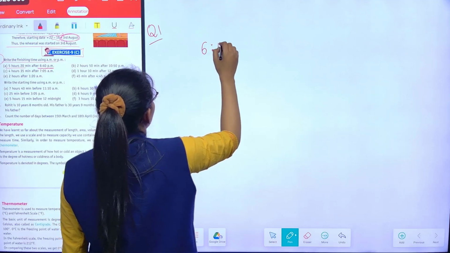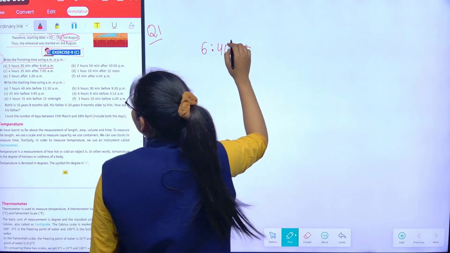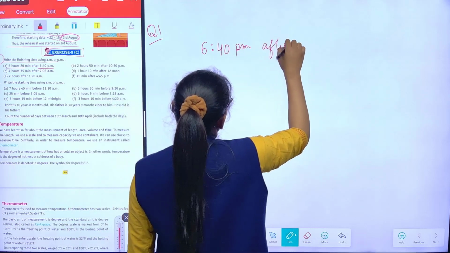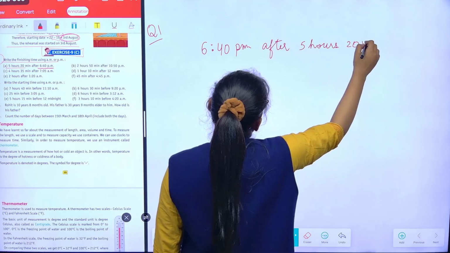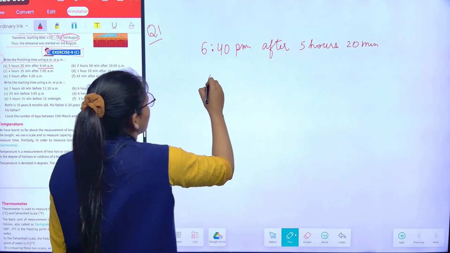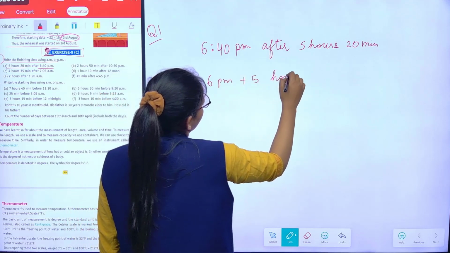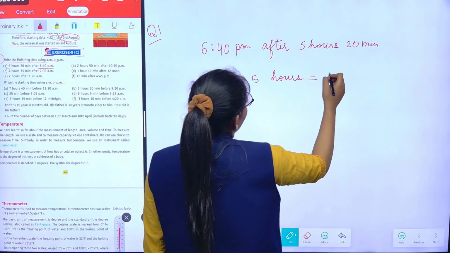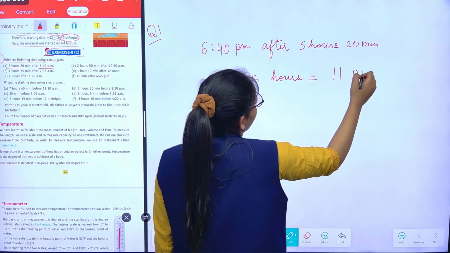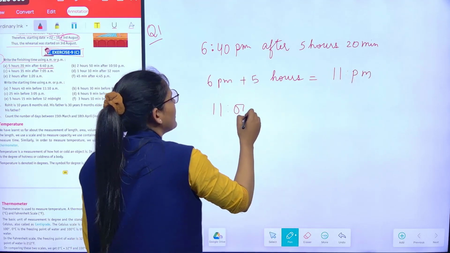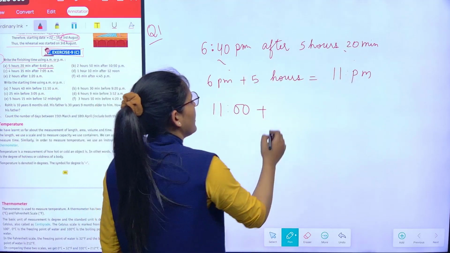तो क्लास हम, यस, क्वेश्चन नंबर 1, 6:40 PM after 5 hours 20 minutes. Now class 6 p.m. plus 5 hours, that is 11 p.m. Now class 11 p.m. में हम क्या करेंगे, अपने 40 and 20 उनको ऐड करेंगे, that is 1 hour.